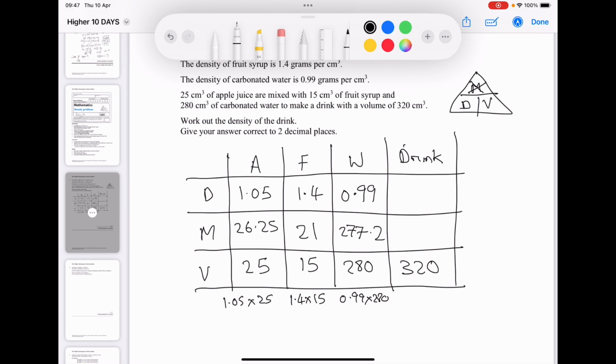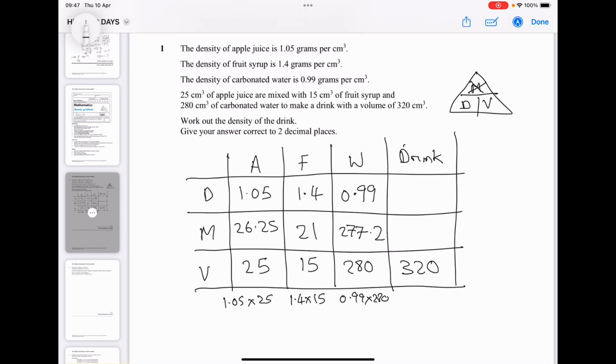So as these are all masses, just weights if you want, we can just add them together.